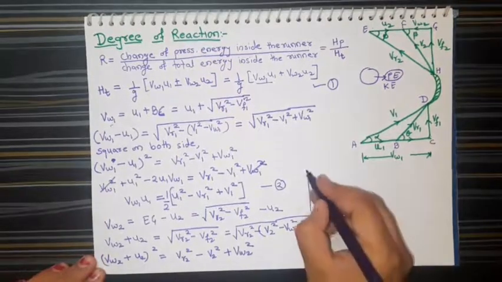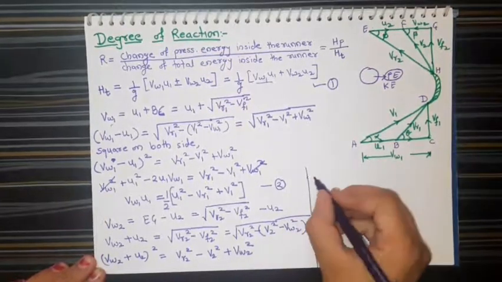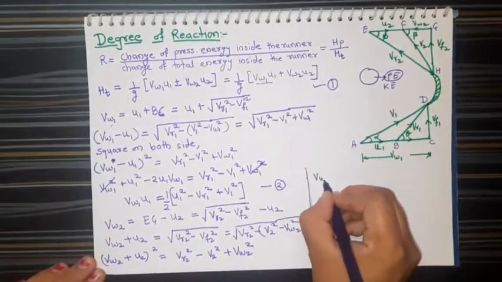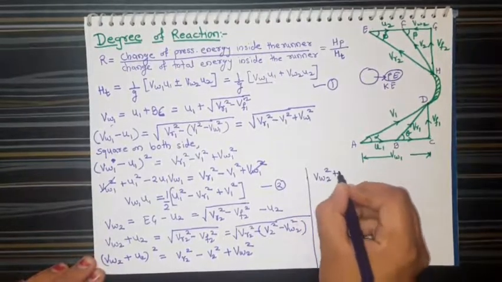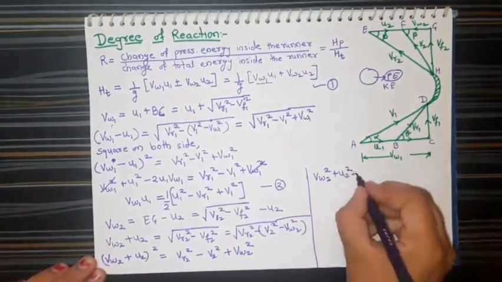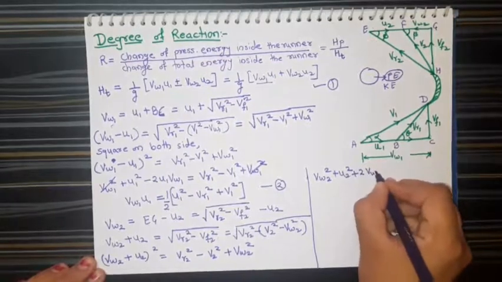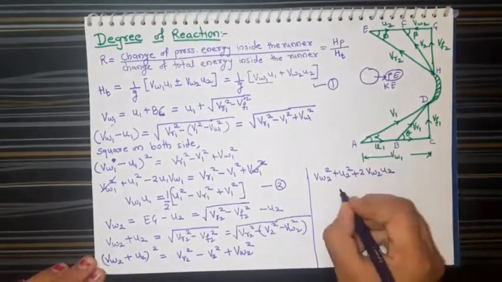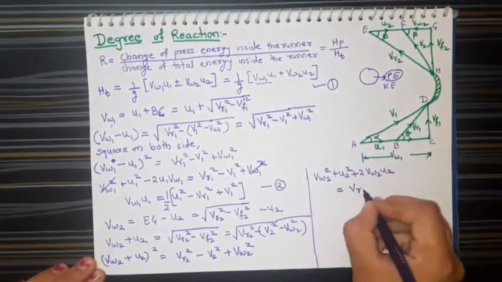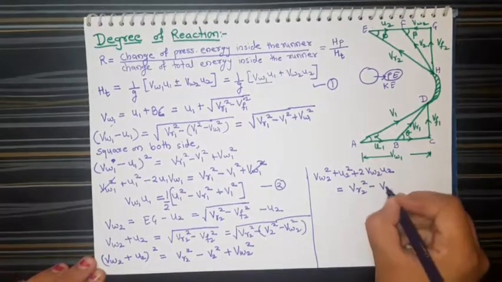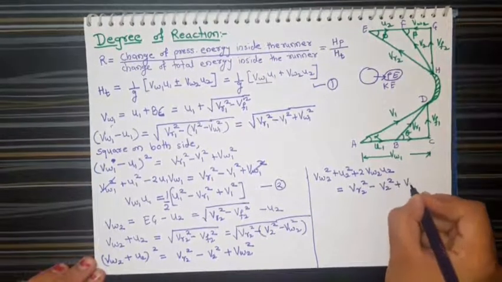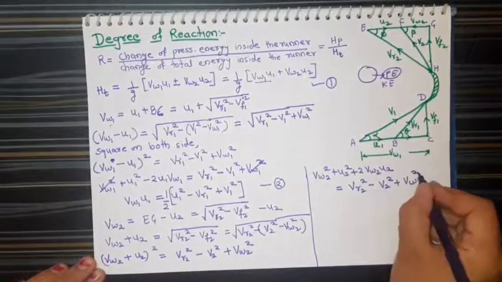Let's expand the left hand side and we will get VW2 square plus U2 square plus twice VW2 U2, and this will be equal to VR2 square minus V2 square plus VW2 square.